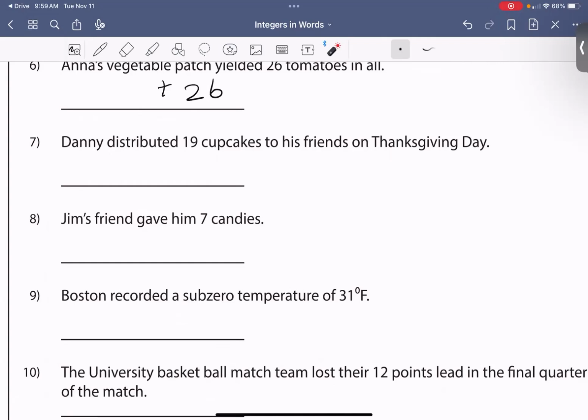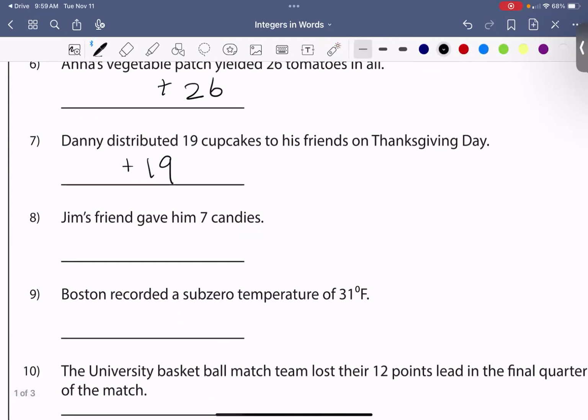Since they are receiving cupcakes, that's going to be plus 19. Jim's friend gave him 7 candies. Jim now has 7 candies that he didn't have before. So that's going to be plus 7.